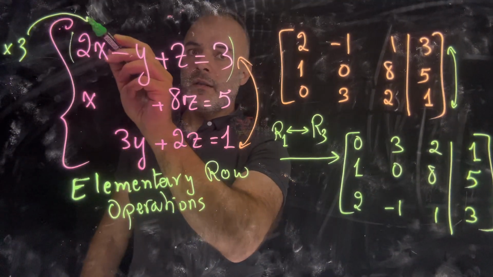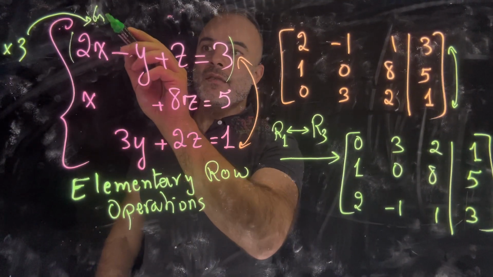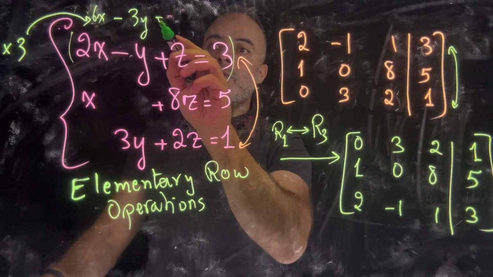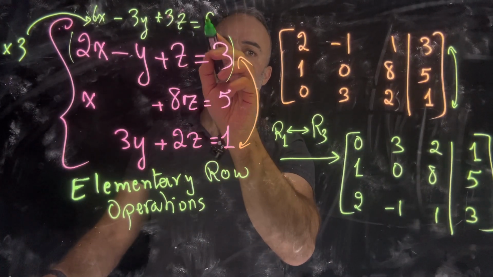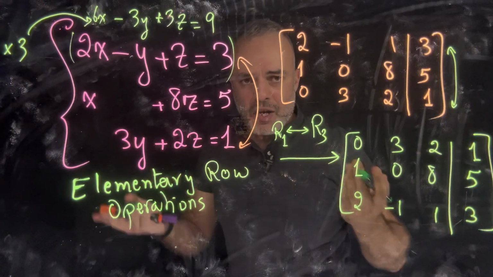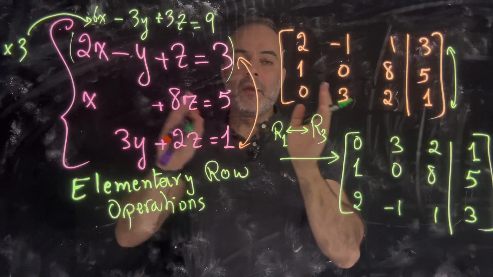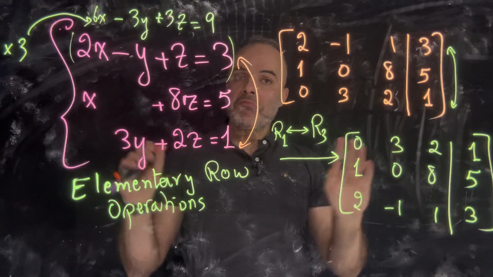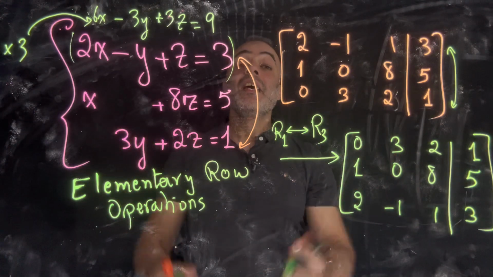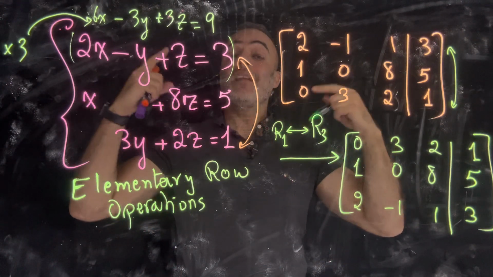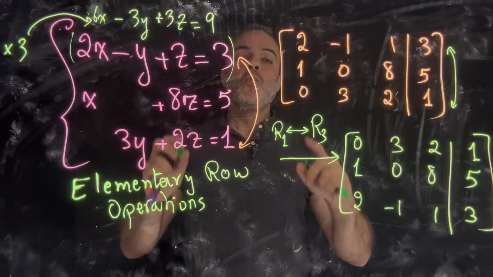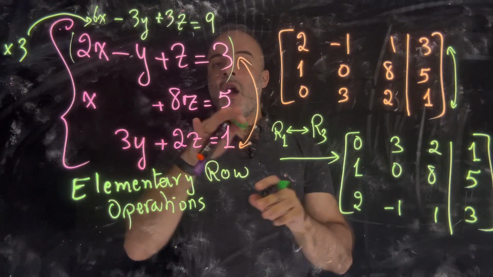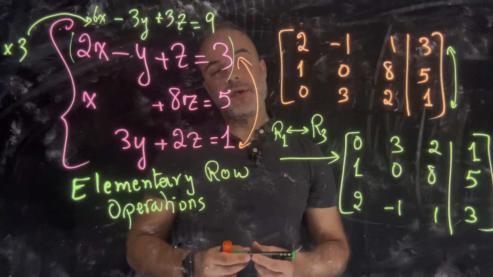So this becomes 6x minus 3y plus 3z is equal to 9. Did it change the equation? No. It just multiplied the left and the right side. Nothing changes regarding the solution. I'm still respecting the equation. So that's the second row operation, which is to multiply any row by any number, of course non-zero.